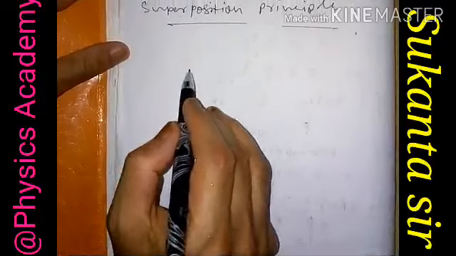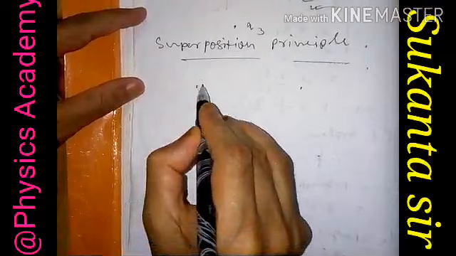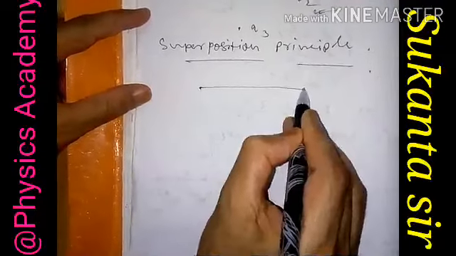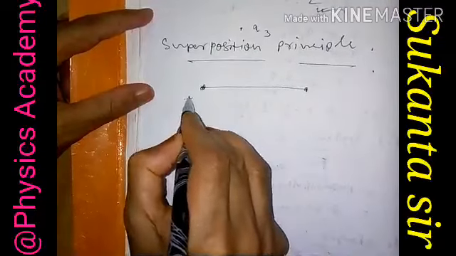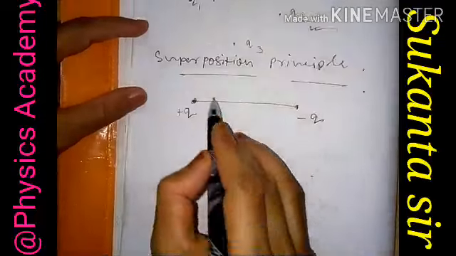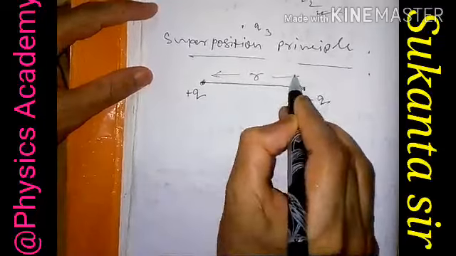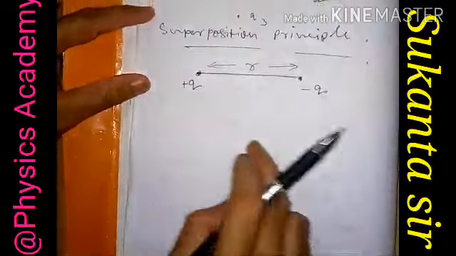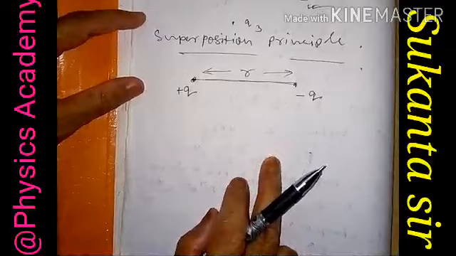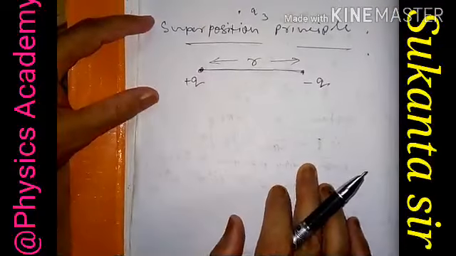Now we discuss the electric dipole. What is an electric dipole? When two equal and opposite charges are kept separated by a particular distance, say r, then they form an electric dipole. What is the moment of this electric dipole?